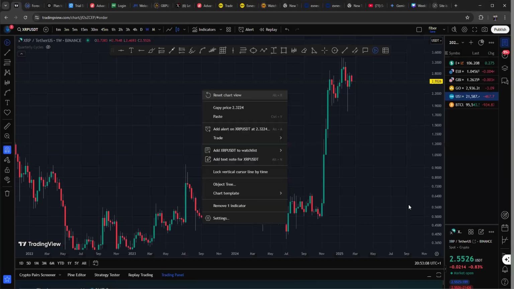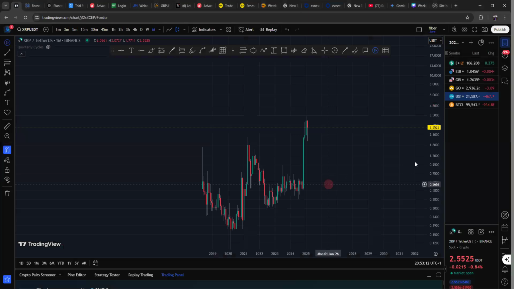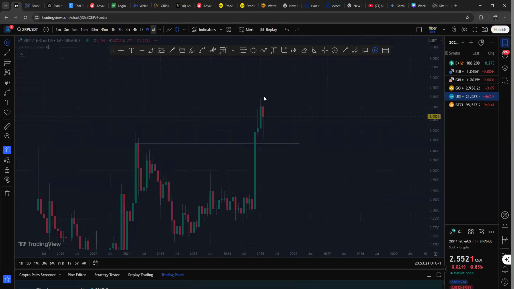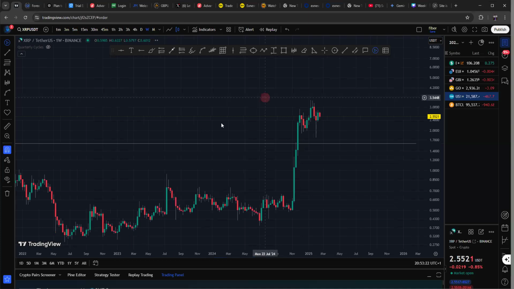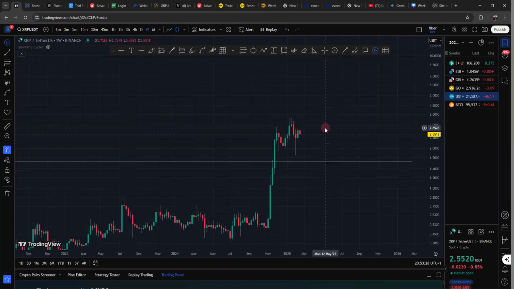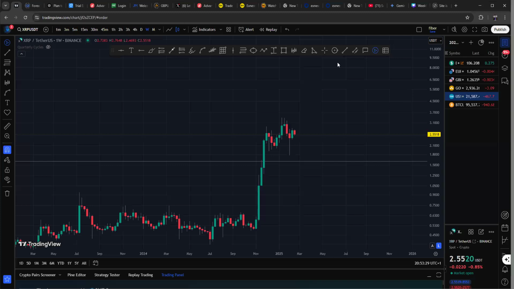Monthly. XRP, maybe we'll have a continuation.